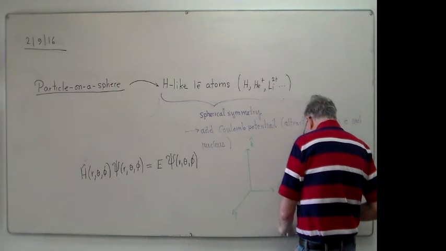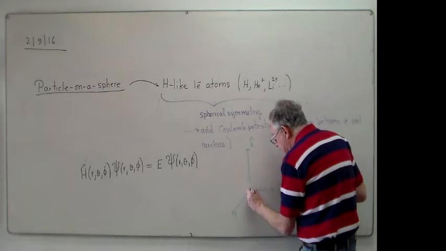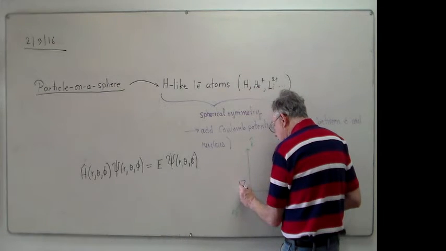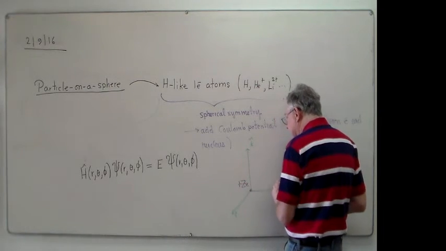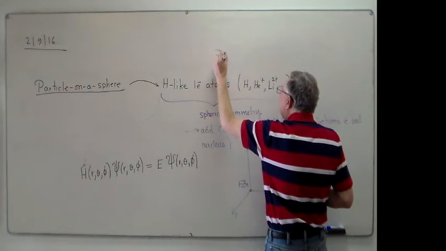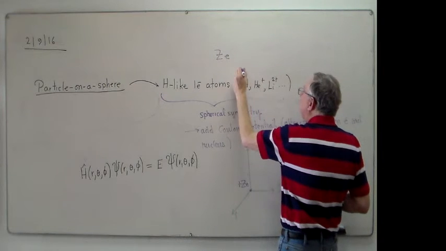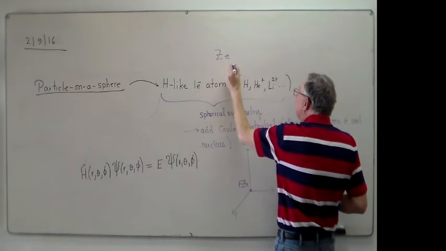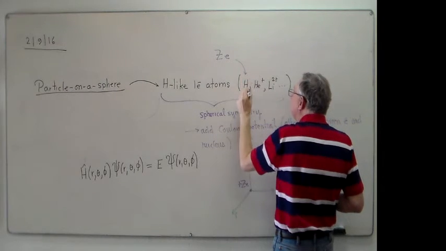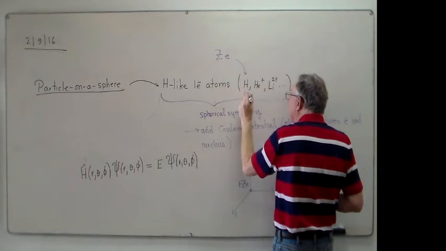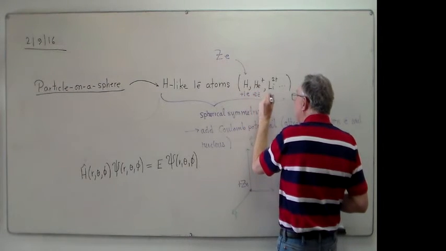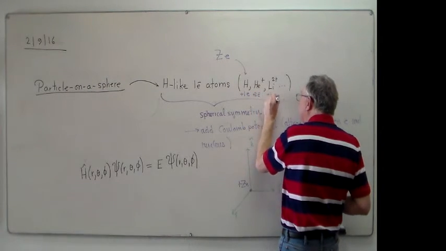And to make things simple, we have a nucleus with charge plus capital Z E. So Z E for hydrogen would be plus 1E, for helium plus 2E, and for lithium plus 3E.